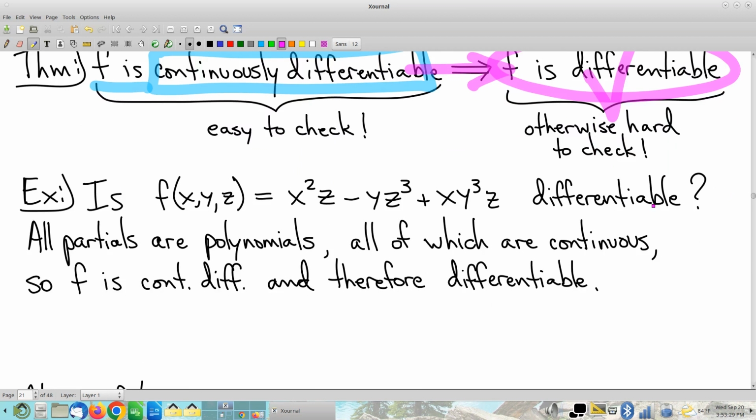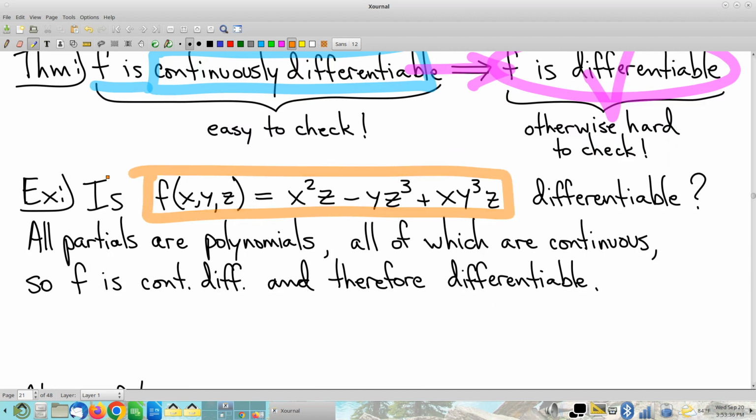Here's that in action. Let's look at this function right here. Polynomial. Is that a differentiable function? Well, here's the thing. The partial derivatives are obviously all polynomials. You take any polynomial, just think about how you compute partial derivatives, you're always going to get a polynomial. Here's the next thing. Polynomials are all continuous.